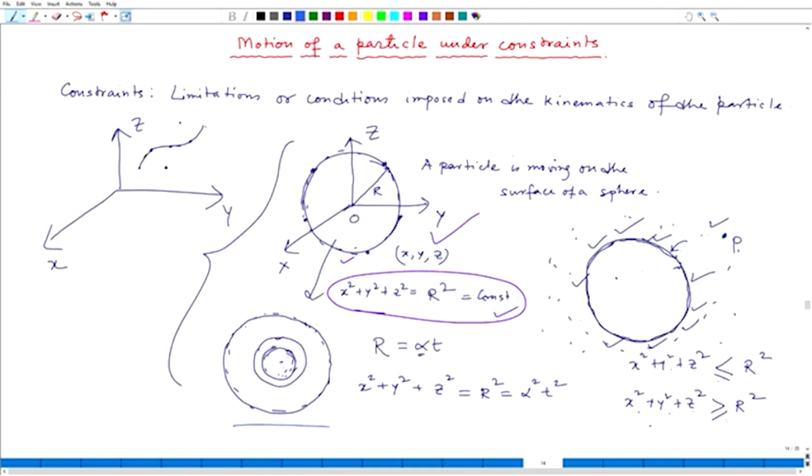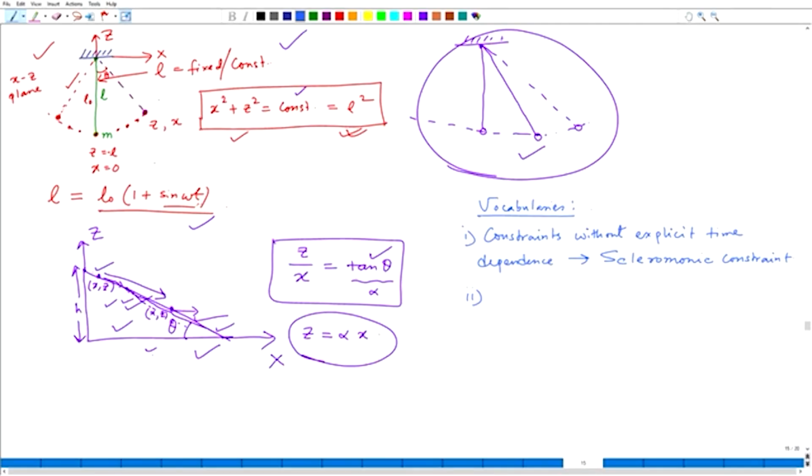Look at this constraint where the particle is moving on the surface of a sphere, but the radius of the sphere is an explicit function of time. In this constraint you can see time appearing explicitly. Or here, where L squared is no longer a constant, but L squared is L0 squared times (1 plus sine omega t) squared, which is an explicit function of time. This is the case for the pendulum with variable length.